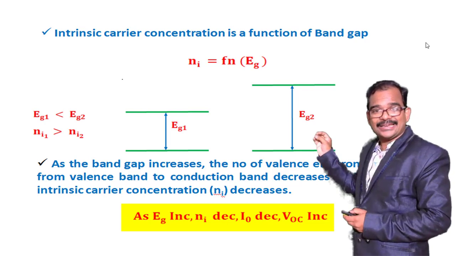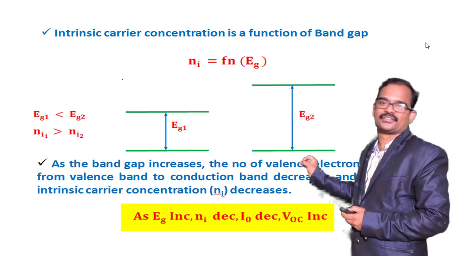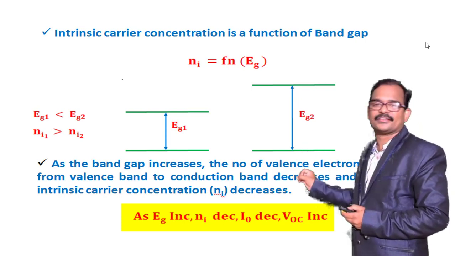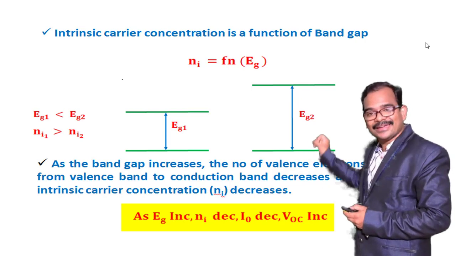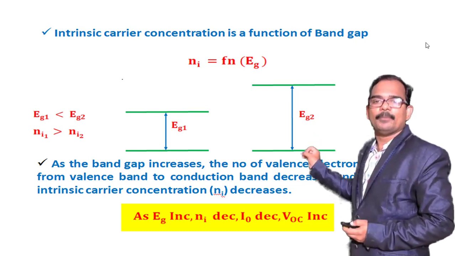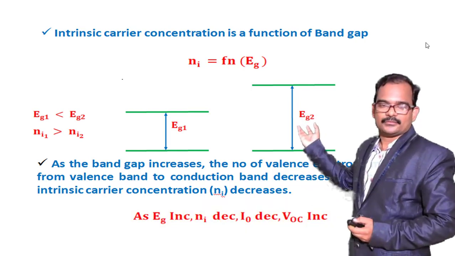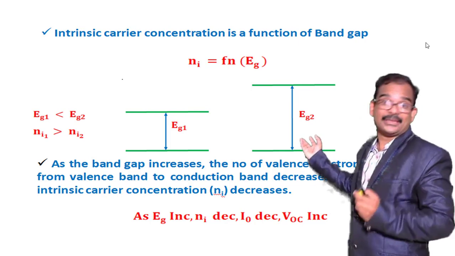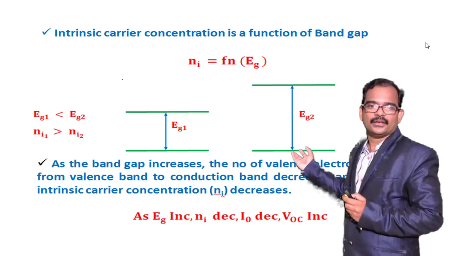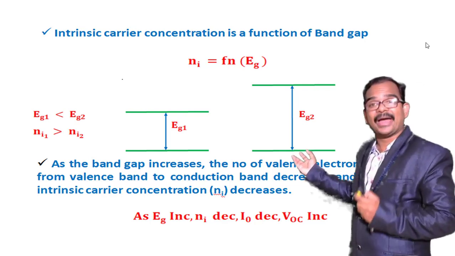As the band gap increases, intrinsic carrier concentration decreases. Whenever the intrinsic carrier concentration decreases, automatically I naught decreases. Whenever I naught decreases, the open circuit voltage increases. Right. Is it clear? As the band gap increases, the open circuit voltage increases. That is, the open circuit voltage is directly proportional to the band gap.